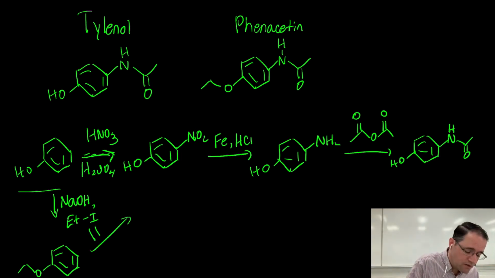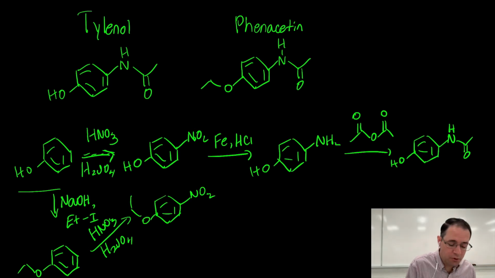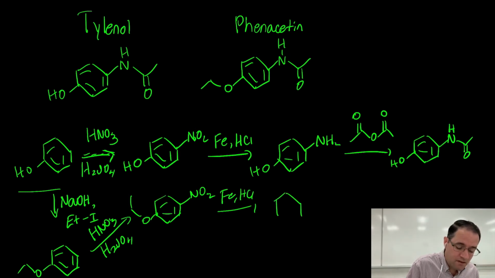And then we would proceed with much the same chemistry. We would treat this with nitric acid, sulfuric acid. This would give us the nitro derivative as shown with your ethoxy group there. We would reduce this with iron, HCl, and this would give you the ethoxyaniline, para-ethoxyaniline, okay?